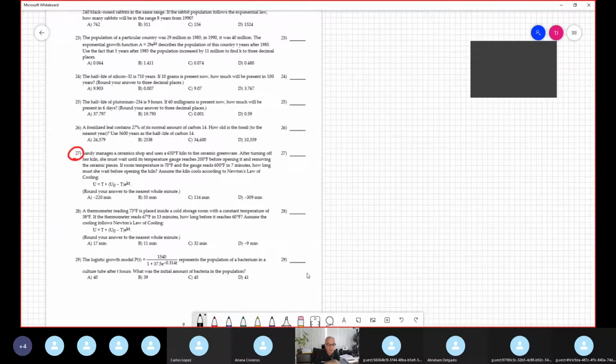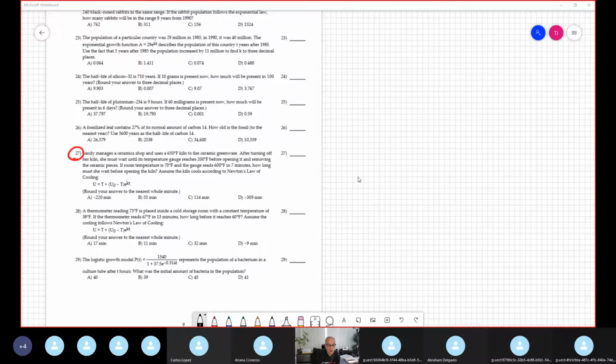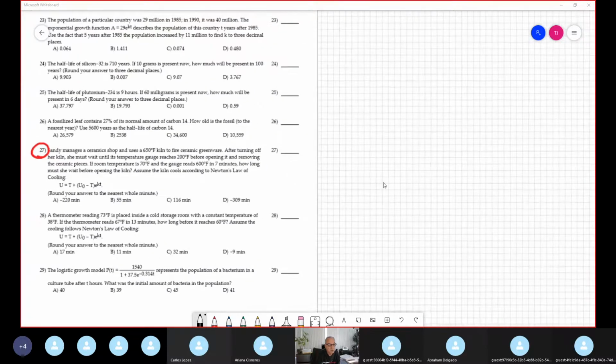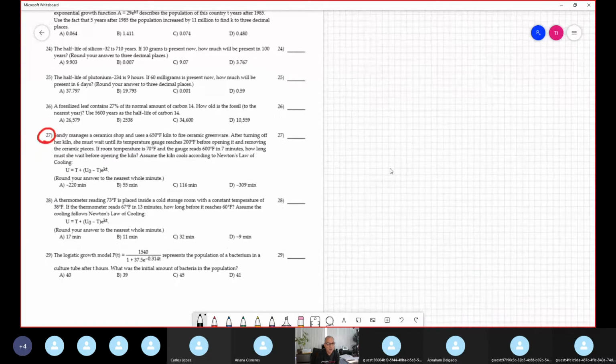Using a 650 Fahrenheit degree kiln to fire ceramic greenware. After turning off the kiln, she must wait until the temperature gauge reaches 200 Fahrenheit degrees before opening it and removing the ceramic piece.